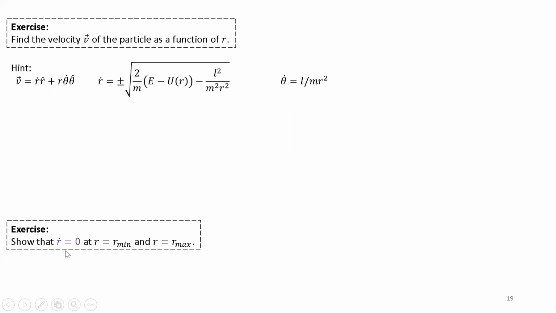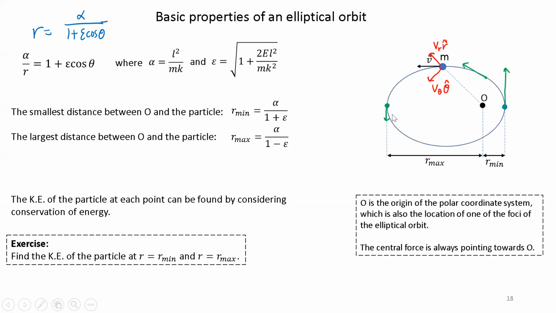Another point here is that there are two special points where one of the components of the velocity is 0, that is, this component of the velocity is 0. In the picture, it's really easy to see why at this point and this point.